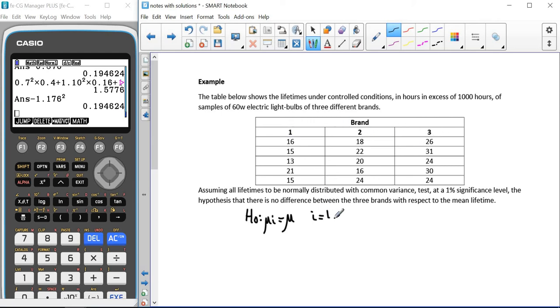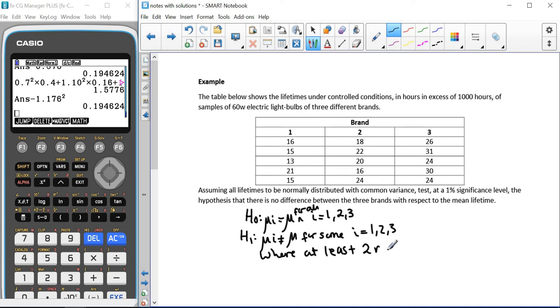We've got 3 brands, so i can take on the value of 1, 2 or 3. Our H1 is where mu(i) is not equal to mu for some i equals 1, 2, 3, where at least 2 means differ.